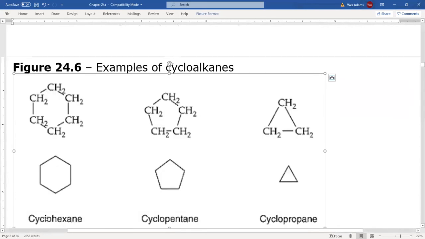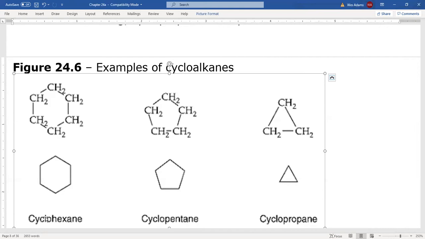So here are some cycloalkanes. There's cyclohexane and cyclopentane and cyclopropane. Notice you've got a 6-member ring. Notice at each point there's a CH2. A lot of times, just to save writing, we draw just the geometric shape.